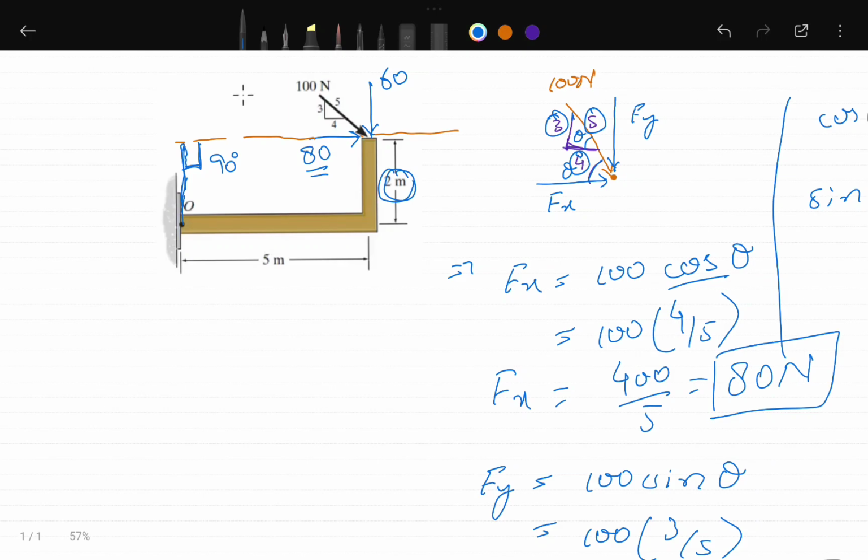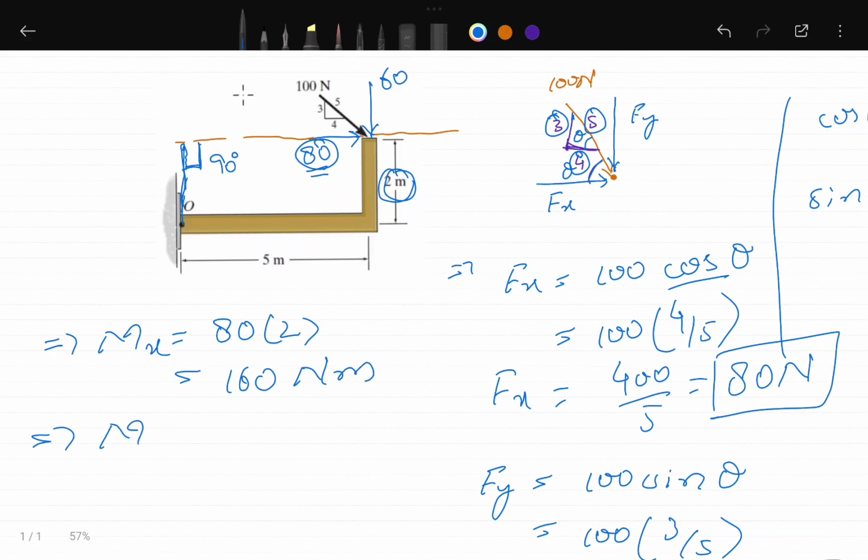That's given here. So we have the force 80 Newton and the perpendicular distance, and we can find the moment due to the x component. So Mx will be equal to 80 multiplied by 2, which is 160 Newton meter.